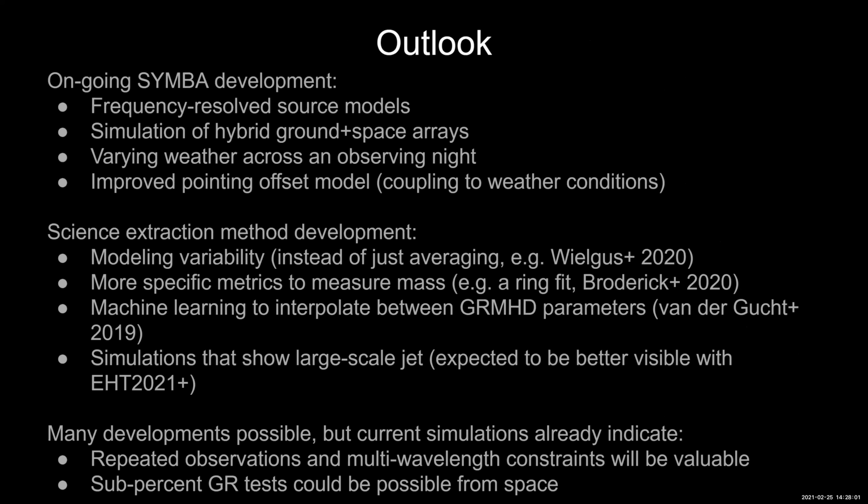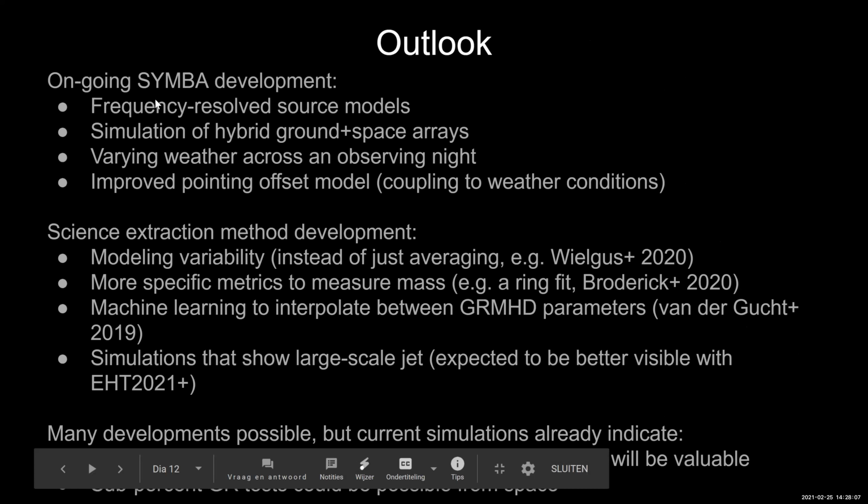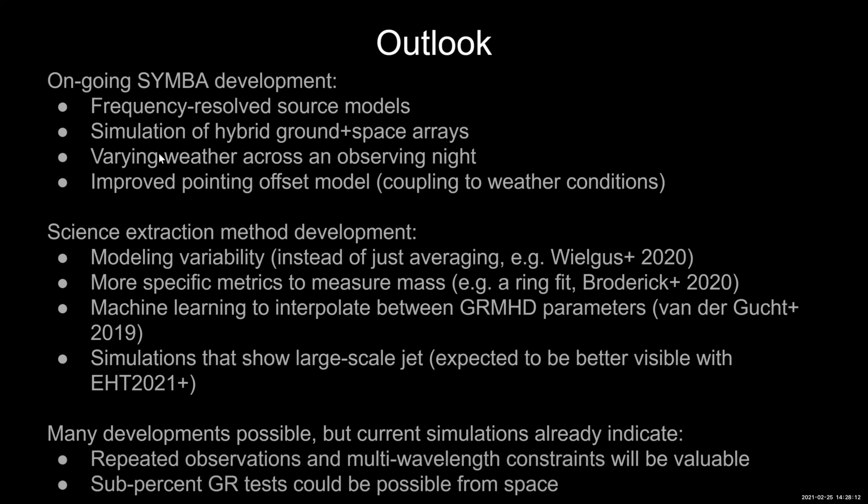So here are some directions for the future. I won't go through them in a lot of detail, but we are continuously developing the SIMBA pipelines in various ways. And apart from the science extraction method that I've shown here, there are a lot of other things you can do.